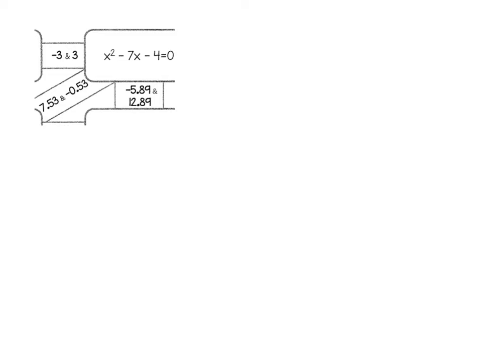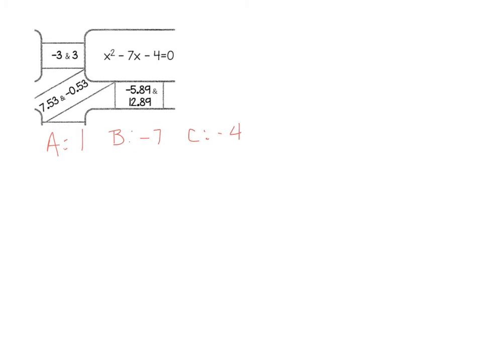So on this one, it's in standard form already, so we can just pick out our a, b, and c. Our a is 1. Our b is -7. Our c is going to be -4.